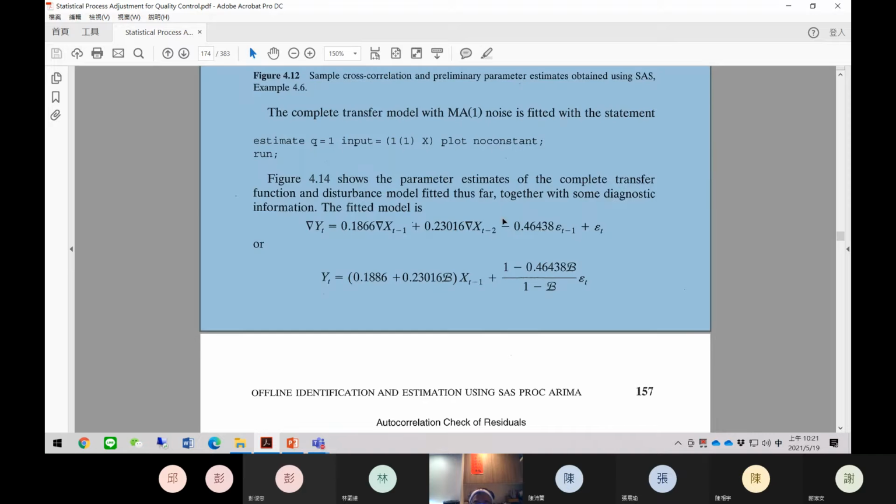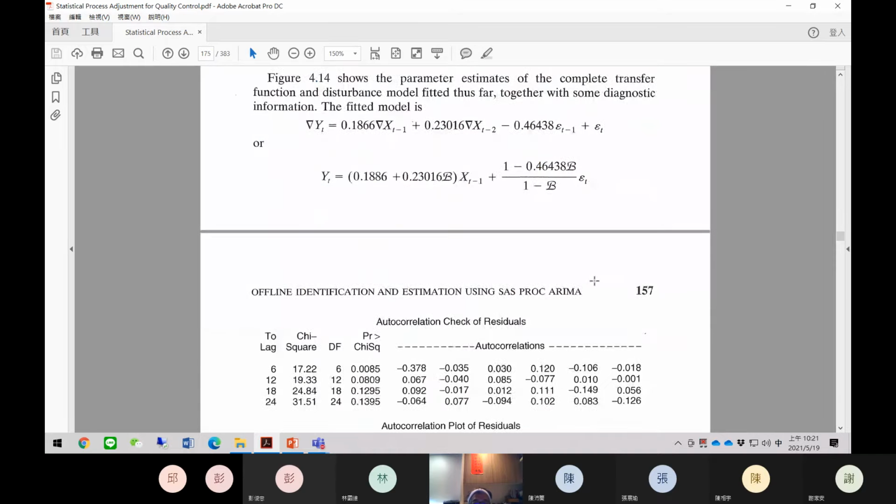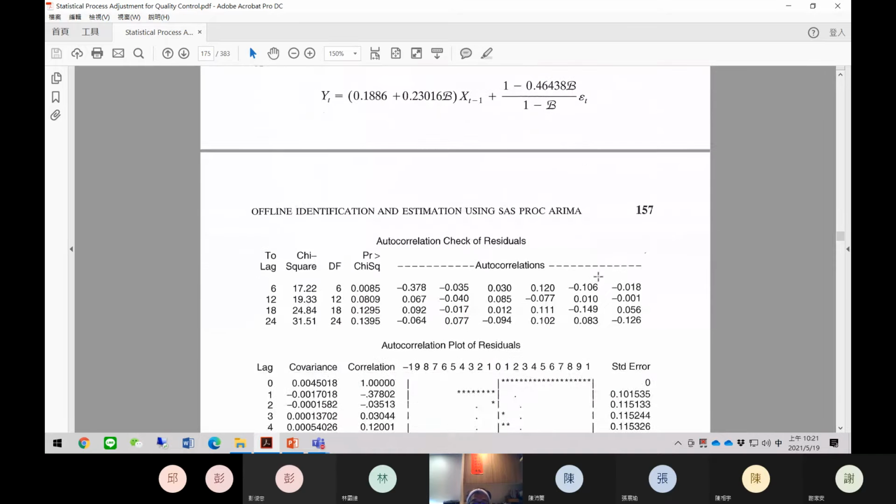So this has been parameterized into 1 minus 0.46438 times the backshift operator, epsilon_t, divided by the nabla. The nabla is 1 minus the backshift operator. So this is our model. So cool.